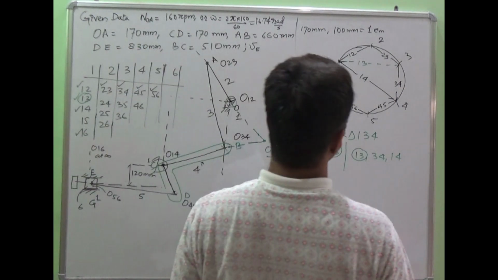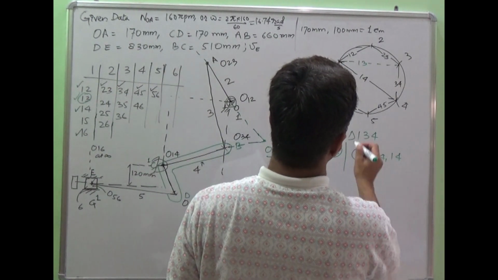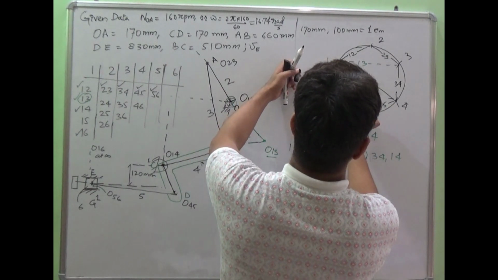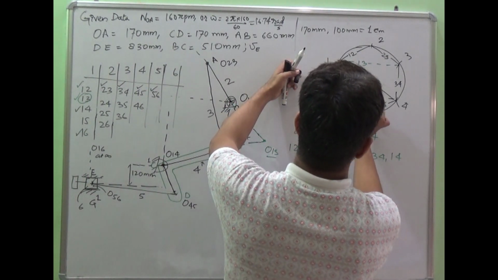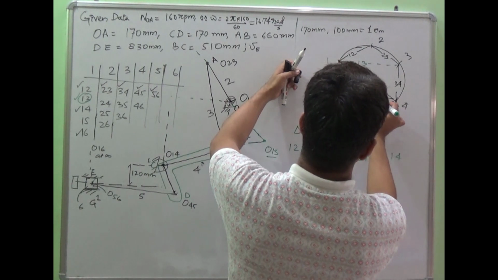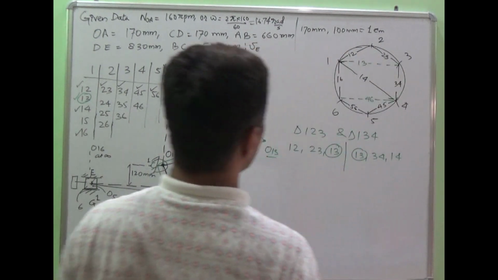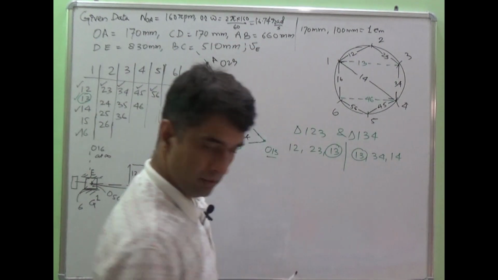Then I can find this I center 4,6. Let's say I am joining 4,6 by a dotted line.